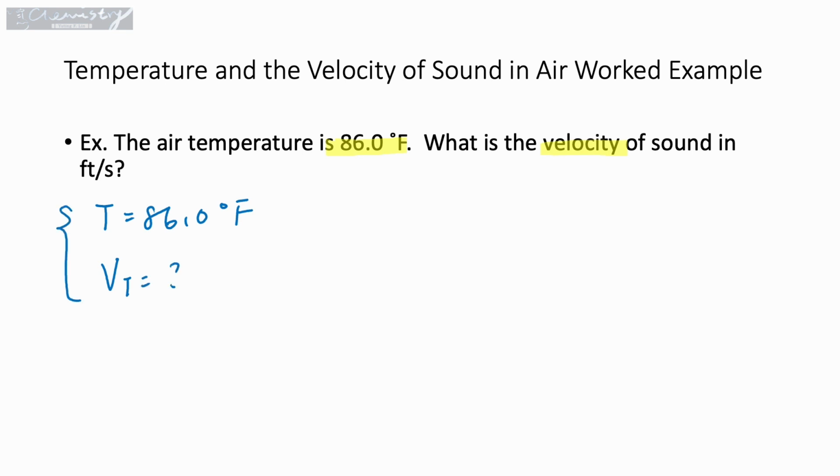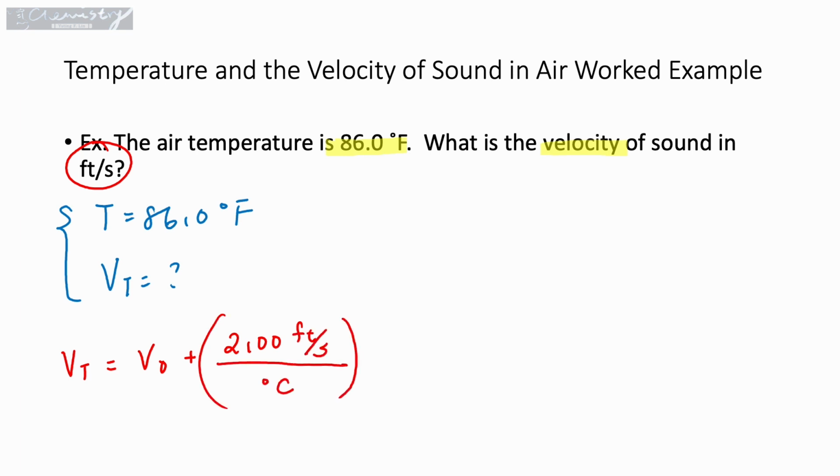In order to find the velocity at that temperature, we're going to need to use the equation where VT equals V0 plus 0.600, but because in this case we're looking for feet per second, we'll actually be using the other equation, which is 2.00 feet per second divided by degrees Celsius multiplied by temperature.